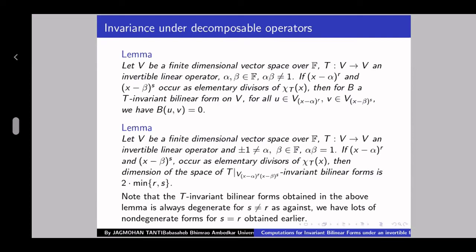So this T-invariant bilinear form is degenerate if s is not equal to r, and we have lots of non-degenerate forms for s equal to r. This can be seen by matrix computation.